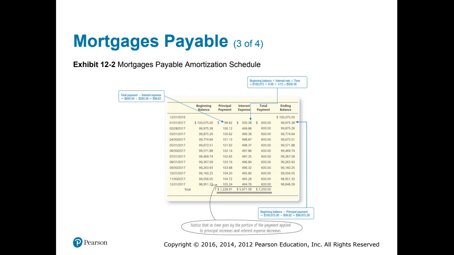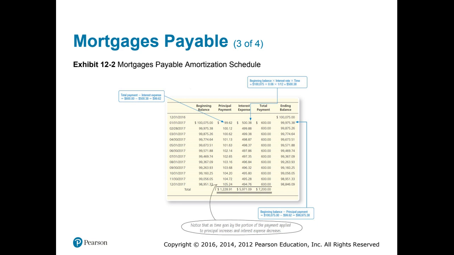And then they're just saying, notice that as time goes by, the portion of the payment applied to the principal increases. So if you look at your principal payment column, you'll see that over time, when we make these payments, the portion that's going towards our principal tends to go up.